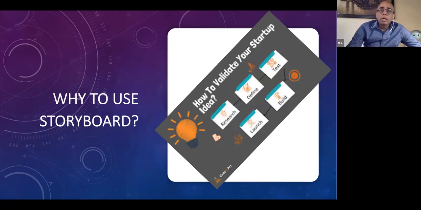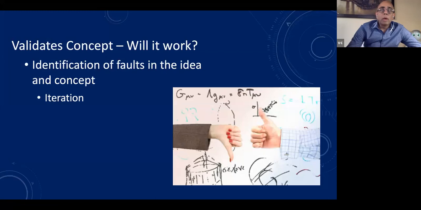Now, I talked about this earlier. One of the important things is that when you put this on a storyboard, does it validate the concept? It basically allows you to make sure that what you had in your mind, you think, oh, I will have 200 users on this, or 2000 users, or 10 million users, you may be thinking in the air. Maybe users want to give you some false feedback.